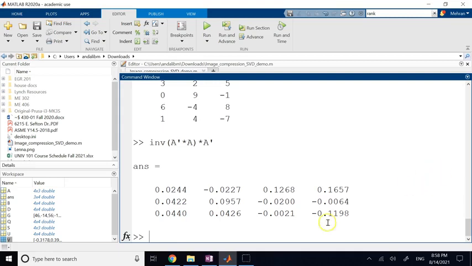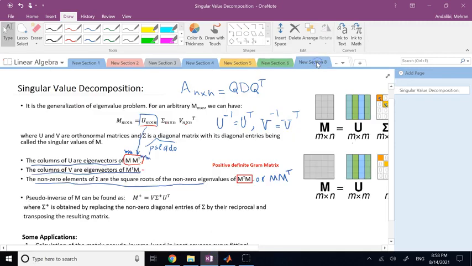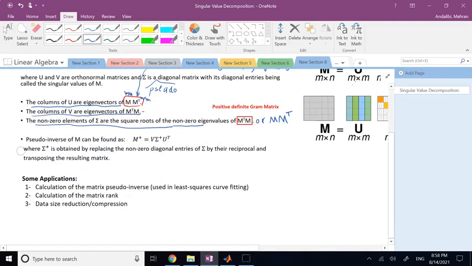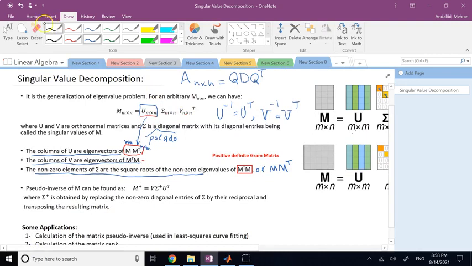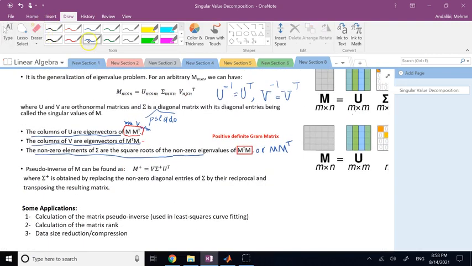This 3x4 matrix. Now, if we want, we can use the singular values to find the pseudo-inverse as well. How? If M can be written as U sigma V transpose, the pseudo-inverse of M can be written as V, then sigma plus in the middle, then U transpose at the end. Since the pseudo-inverse is similar to the inverse, when you apply it to a product, it reverses the order.